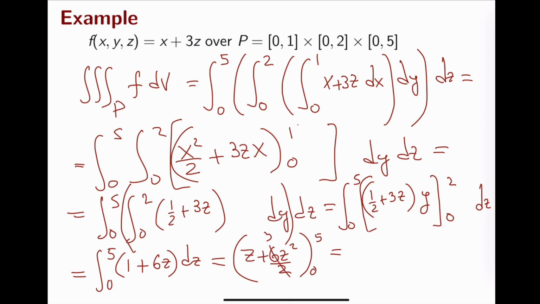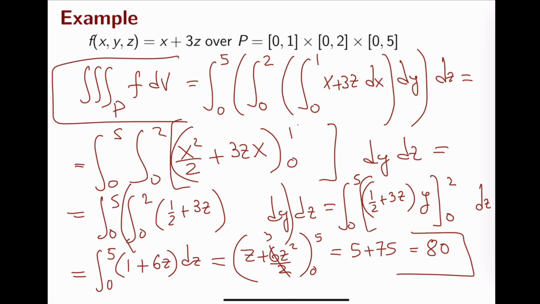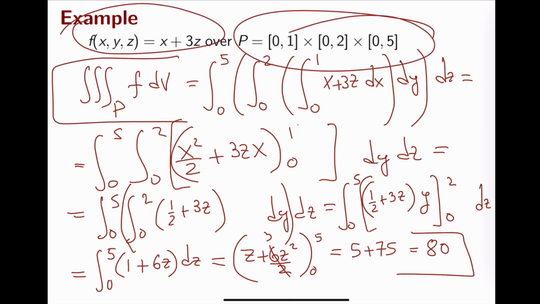And let's substitute z by 5. So we are going to have 5 plus 3 times 25, and so the final answer is going to be 80 units. So the triple integral of this function over this region is equal to 80 units.